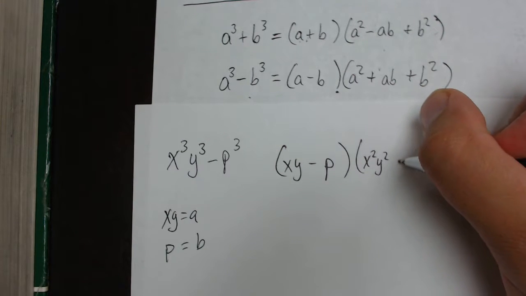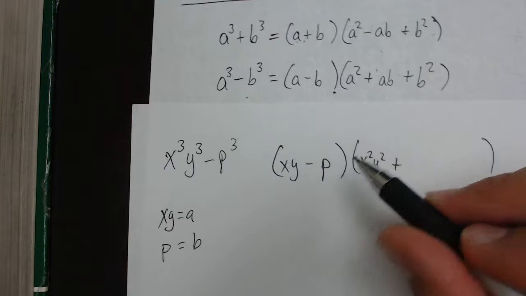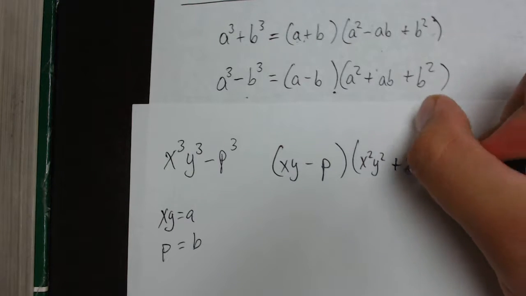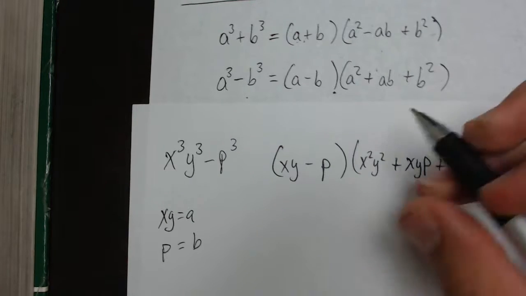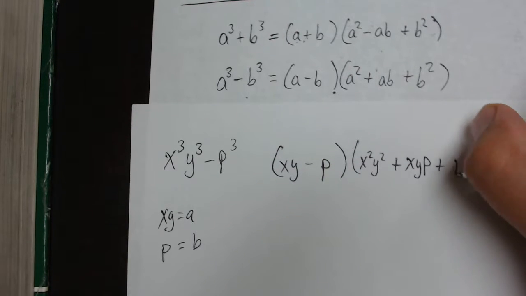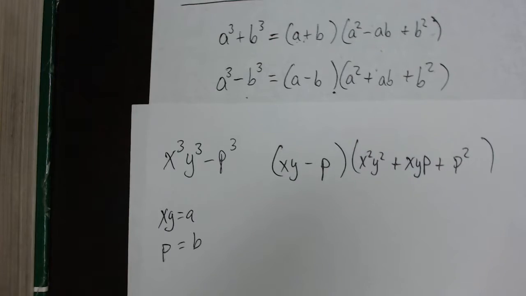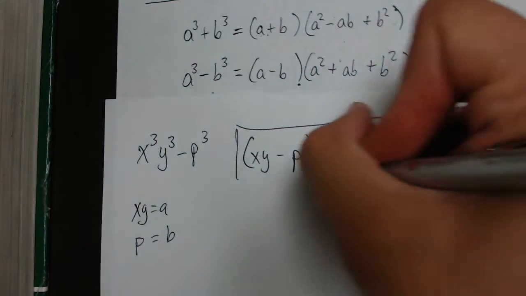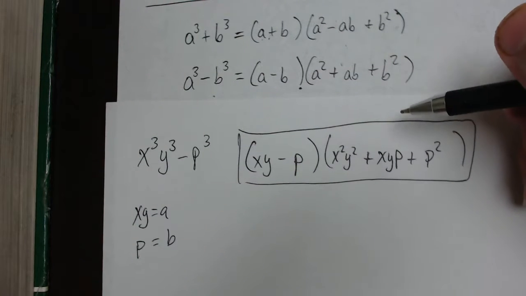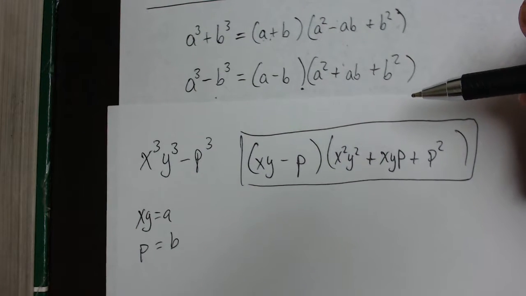The ab that we're adding would just be xyp. Remember, all to the first exponent. And then the last one, b squared, would just be p squared. And that's it. That's the difference of cubes. That's our answer. So once we get these down, it's a really easy formula to apply.